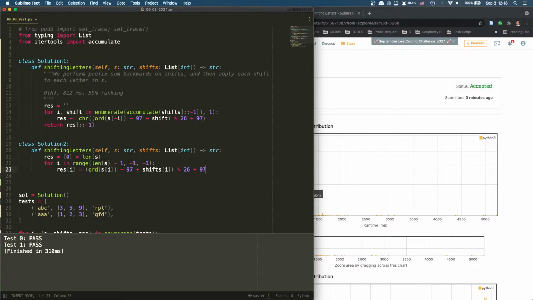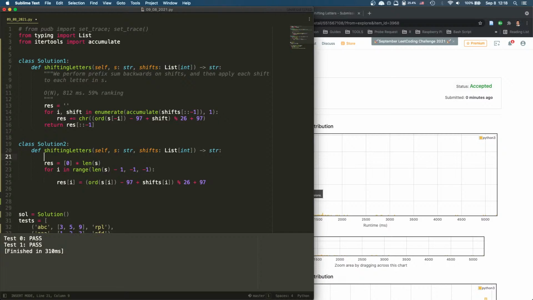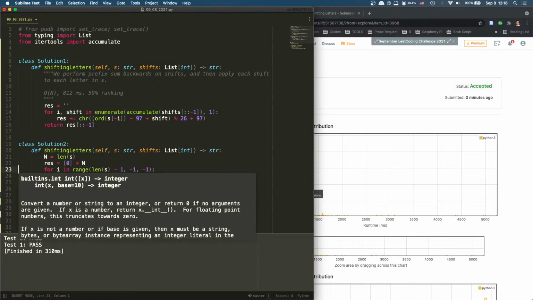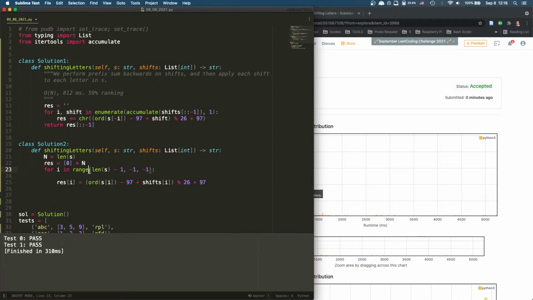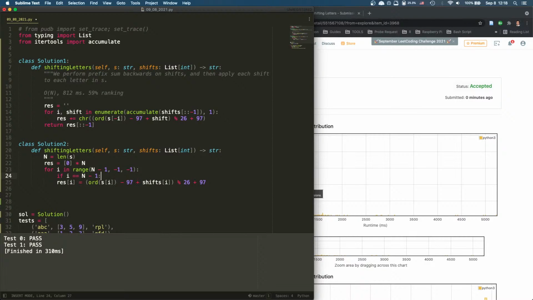So yeah, that's that. And I'm going to say n equals len s. So everything will be n, and this will be n minus 1. If i is not equal to n minus 1, what do we do?